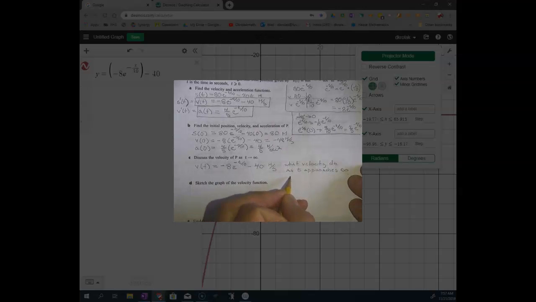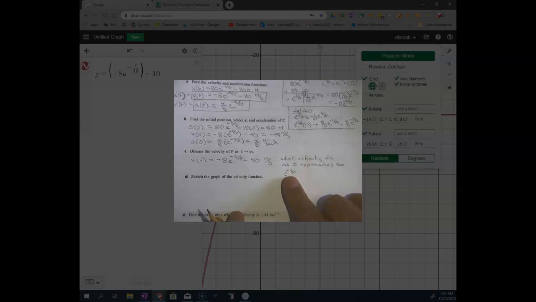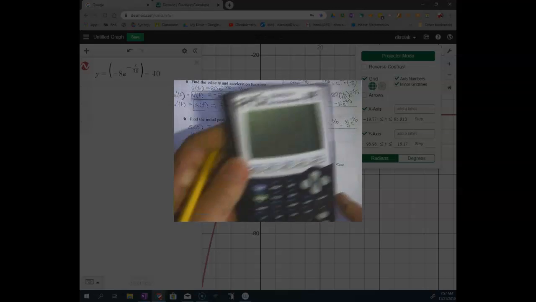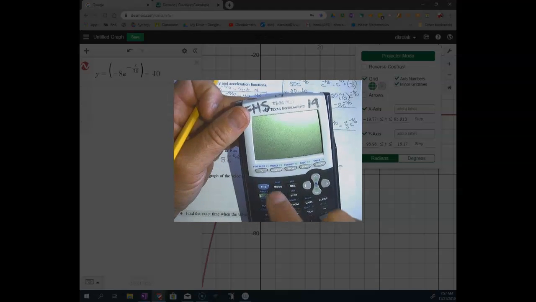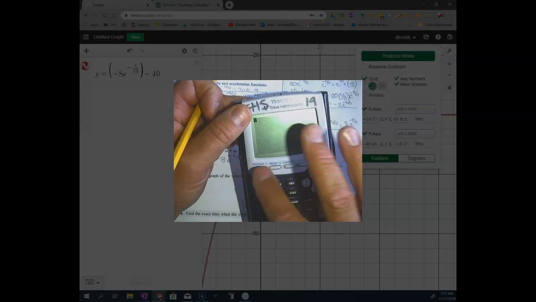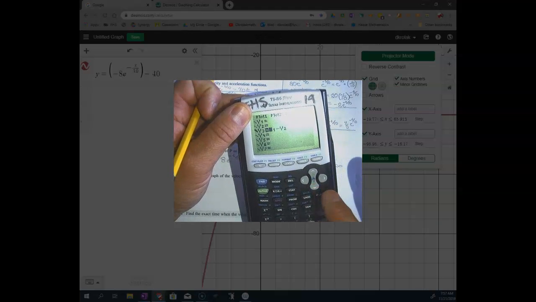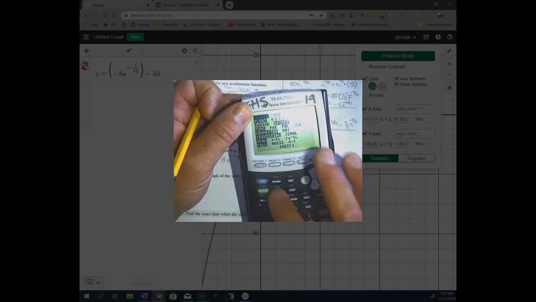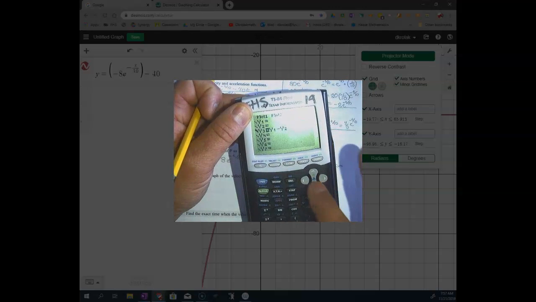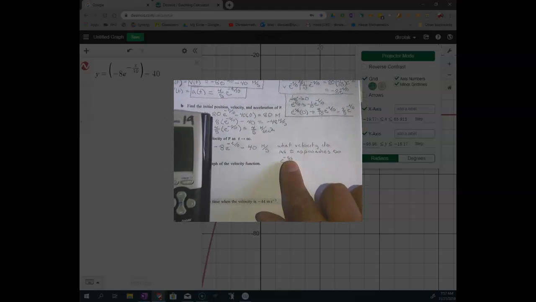So as this term right here gets bigger and bigger, what does that y value approach? What you can do just to see that is put that into your calculator. So go y equals, and I just want to see what happens to this as x gets bigger and bigger.